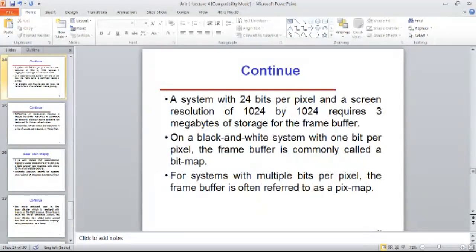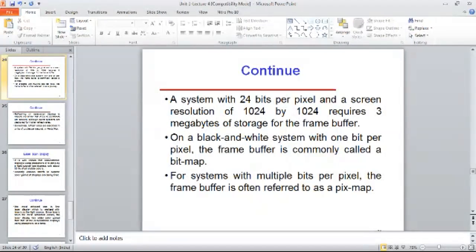So if there are more pixels, we will get a good quality picture, good image. On a black and white system with 1 bit per pixel, the frame buffer is commonly called a bitmap. Bitmap in case of black and white system, because in that case we store 1 bit per pixel.